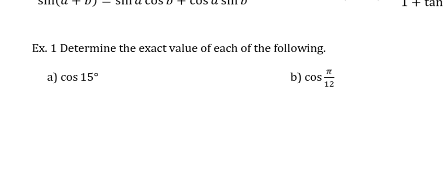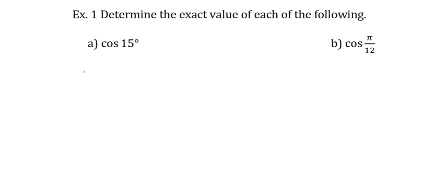A little bit of the exact steps might be different from one person to another, but your final answer will always be the same. You said 60 minus 45 first, so let's do that one. Cosine of 15 equals cosine of 60 minus 45. Do you agree? 60 minus 45 is the same as 15.